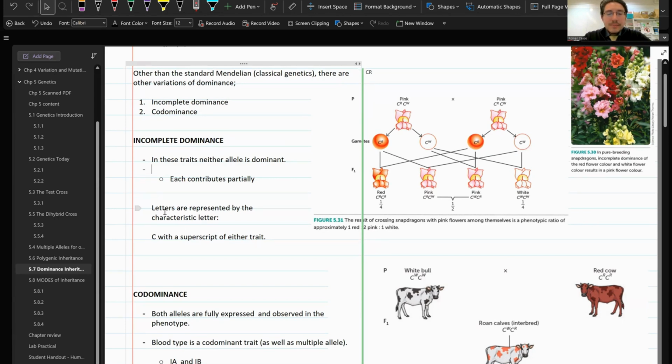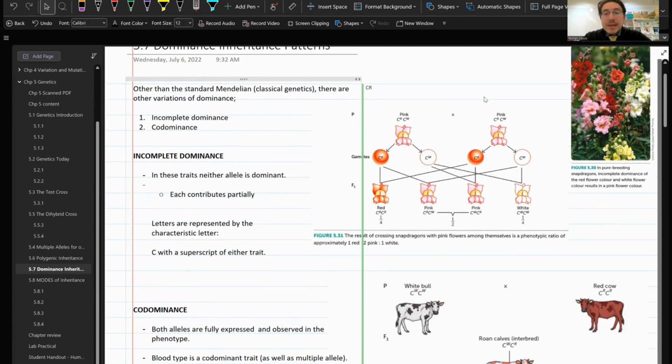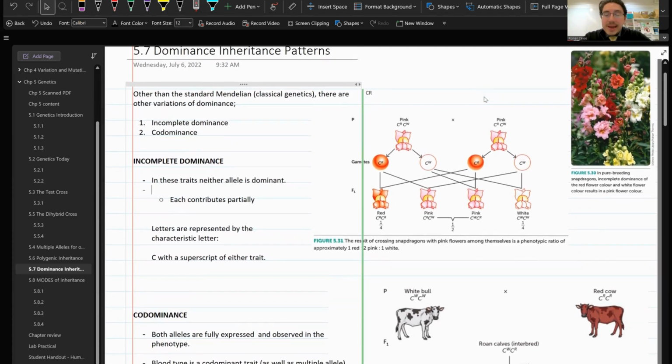For example, in this case you have the situation with snapdragons, where you have some white flowers and some red flowers, and then an intermediate form, which is pink.